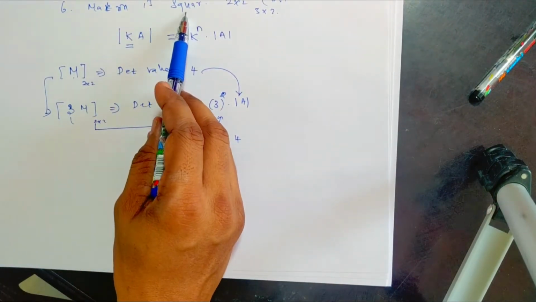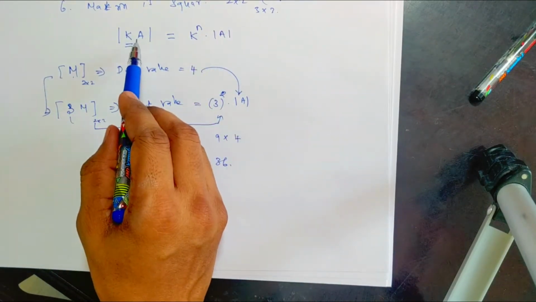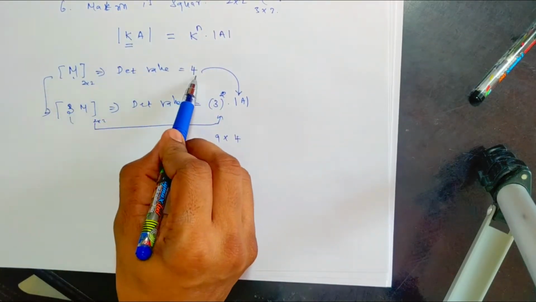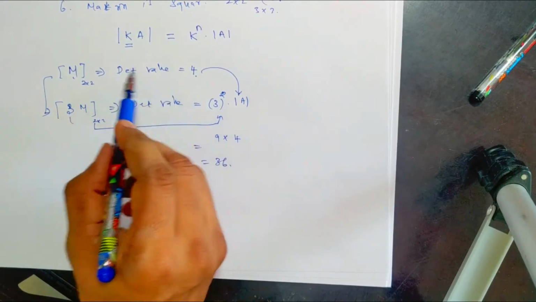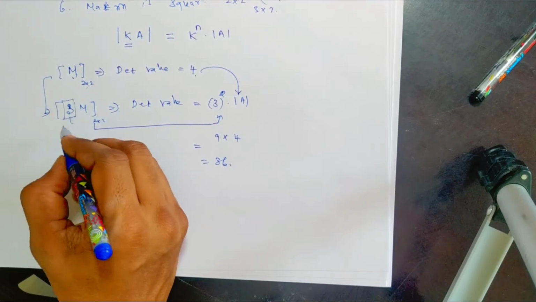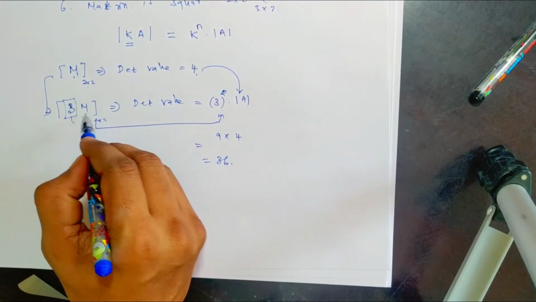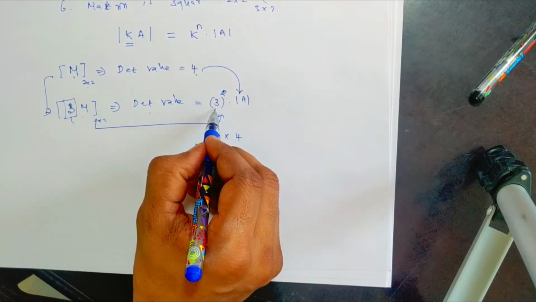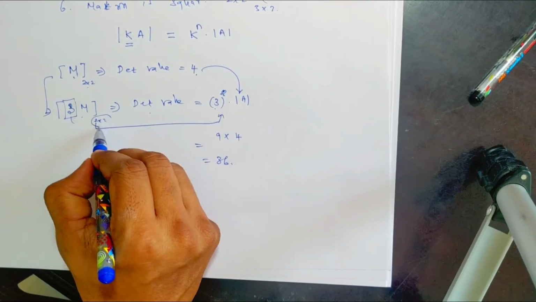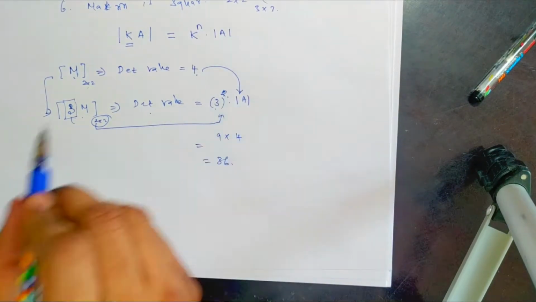If the matrix is a square matrix, with equal number of rows and columns, and matrix M has determinant 4, for example, and this entire matrix is multiplied by 3, which means each and every term in the square matrix is multiplied by 3, then the determinant value is 3 whole power the number of rows and columns, which is 2.